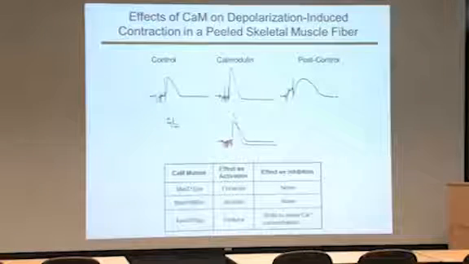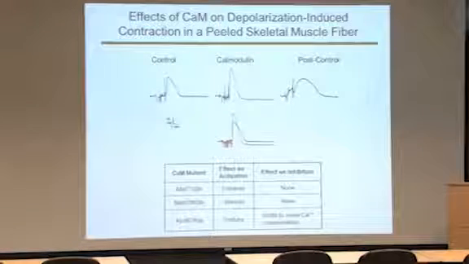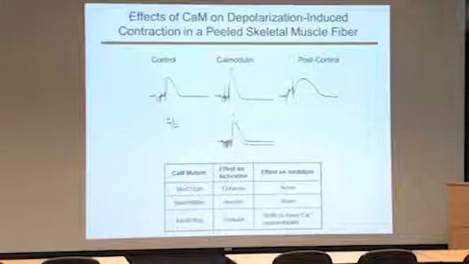So we might be able to tease apart the role of calmodulin in voltage activation of muscle contraction, and use these mutants to determine the mechanism or the effects of calmodulin activation and calmodulin inhibition on muscle function.